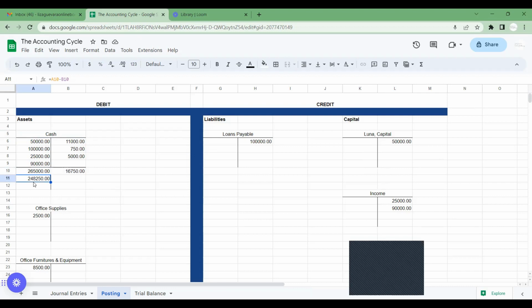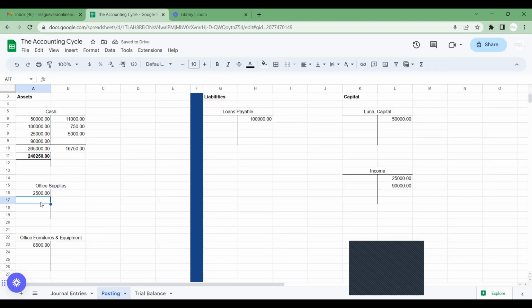this one. And the balance of your office supplies is this one.